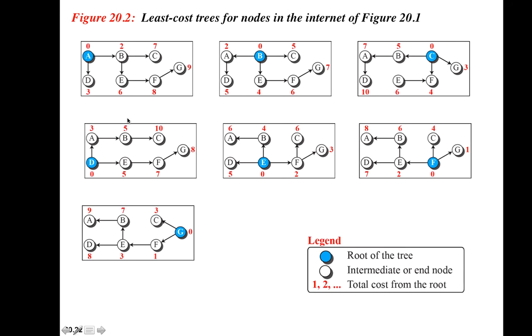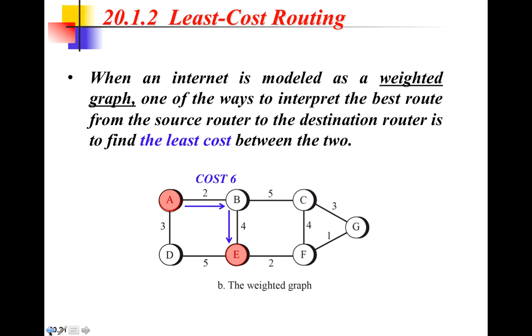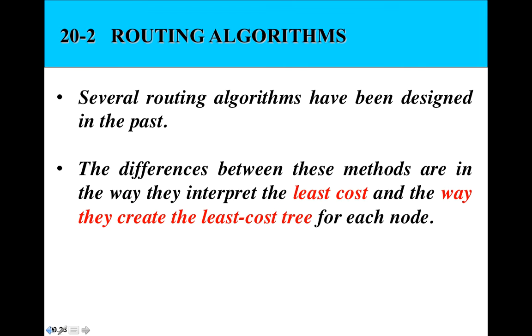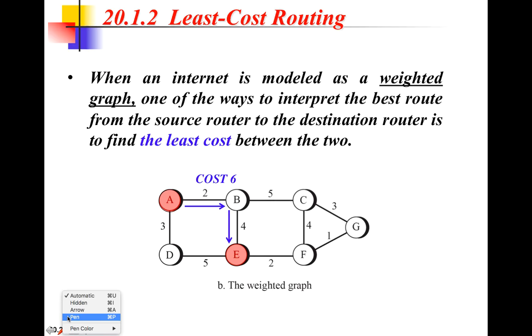So if we were to look at this diagram, if we take A, for example, then the least cost tree for A would be the tree that shows us the least cost from A to every other node in the network. So this diagram shows it very well.